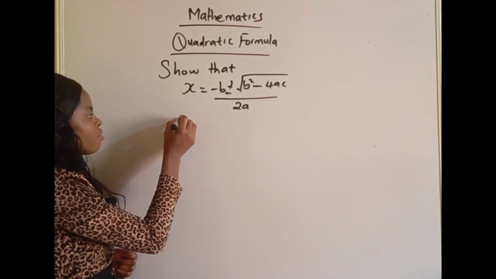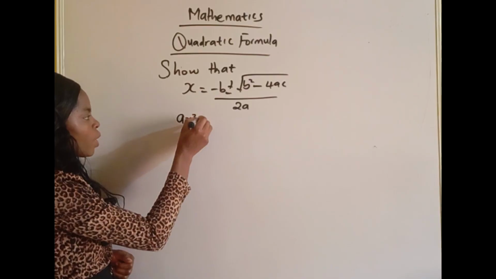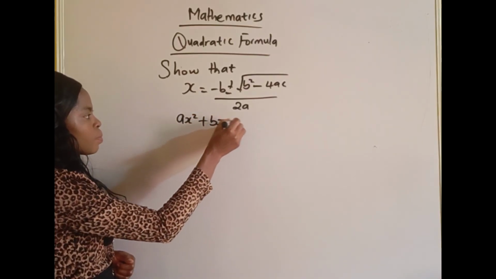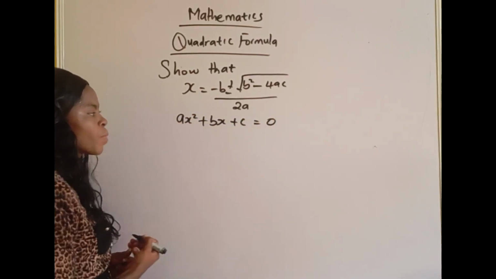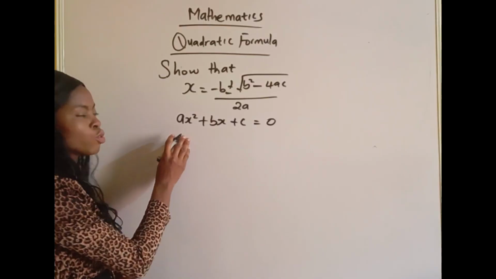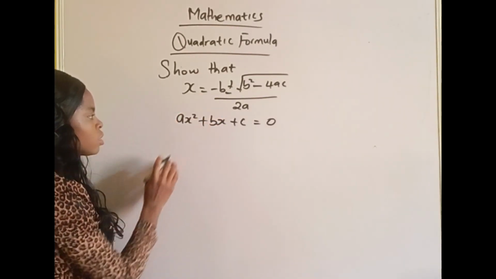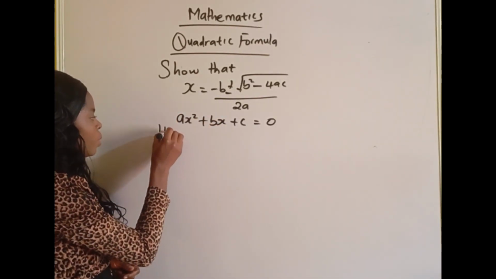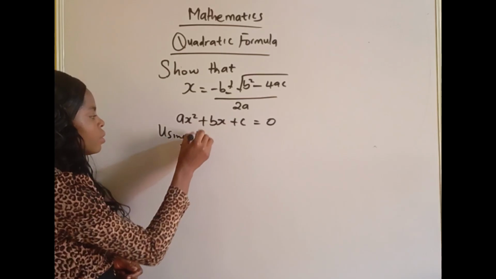Now, from the general formula, ax square plus bx plus c equal to what? 0. We are going to use completing the square to prove this formula.